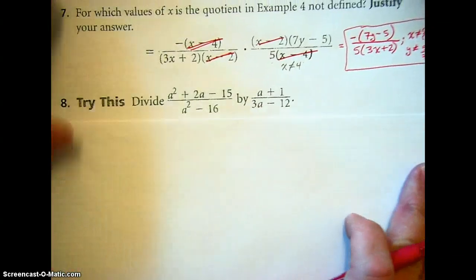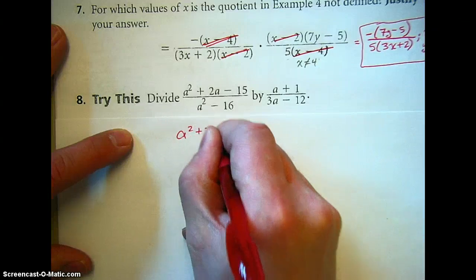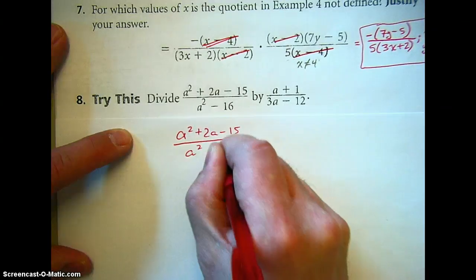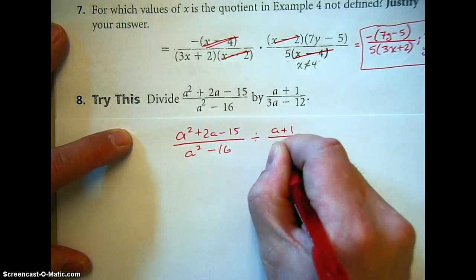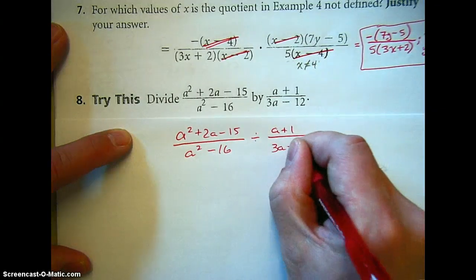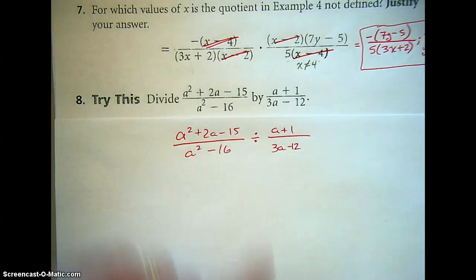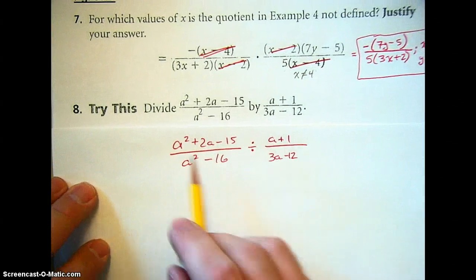Hey, this one, number 8. We have a squared plus 2a minus 15 all over a squared minus 16, divided by a plus 1 and 3a minus 12. Before we begin doing anything with flipping the fraction, let's go ahead and factor it first.